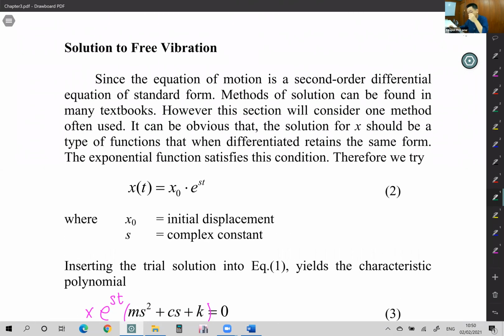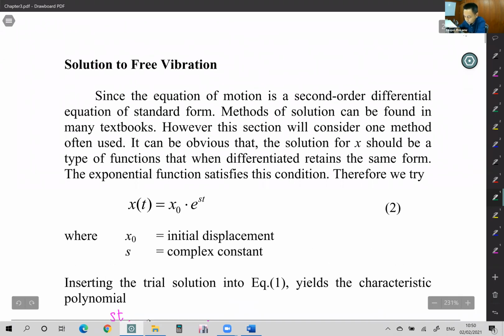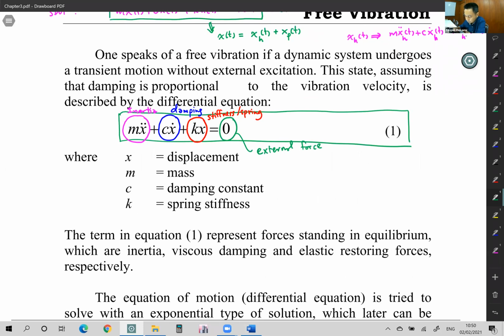To get the solution of equation number one, let me go back to equation number one a bit.